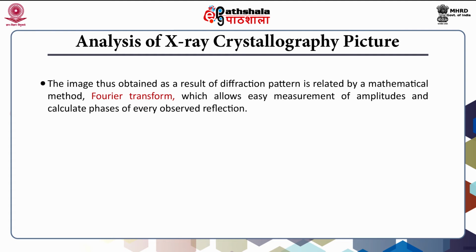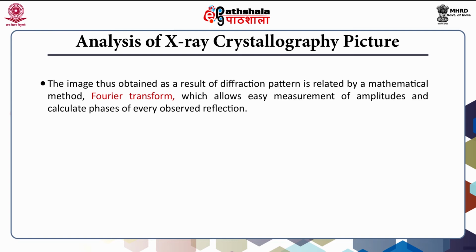Once we can calculate the electron density map, based on that we can put atoms into the electron density map, because we all know the number of electrons in a particular atom.